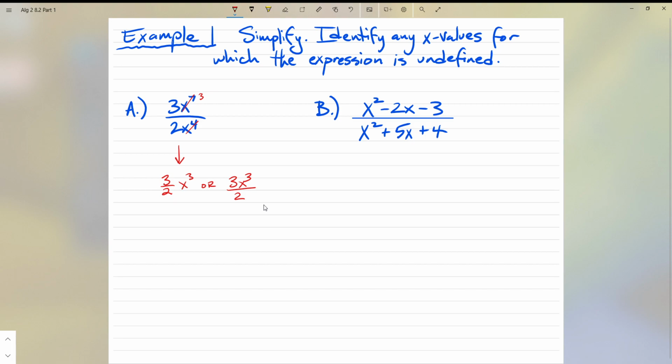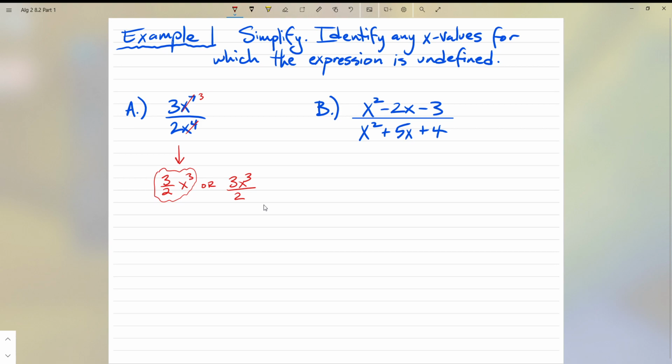Now, the other thing that's in the directions that I skipped over is that it's important that we learn how to identify numbers that we can't use. The real term is a domain restriction. So say we look at this answer, the 3 halves x to the 3rd. Technically, no matter what number we put in place of x, we'd get an answer.